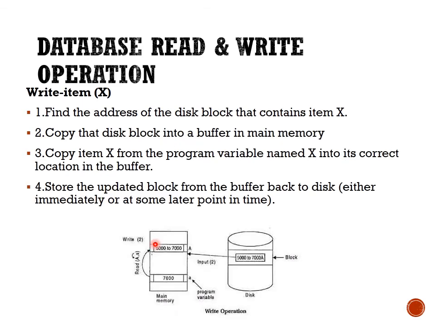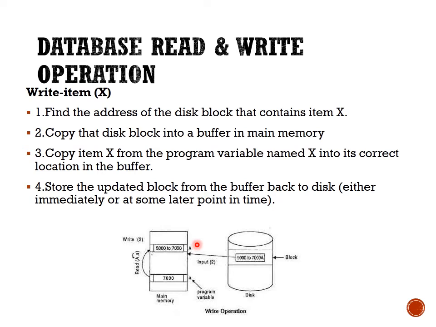In the same way, the next one is the write operation. In order to understand how the write operation works, consider the figure. Here in the figure, the disk contains the database. Within the disk, we are storing the database, and within the memory, we are doing the write and read operations.